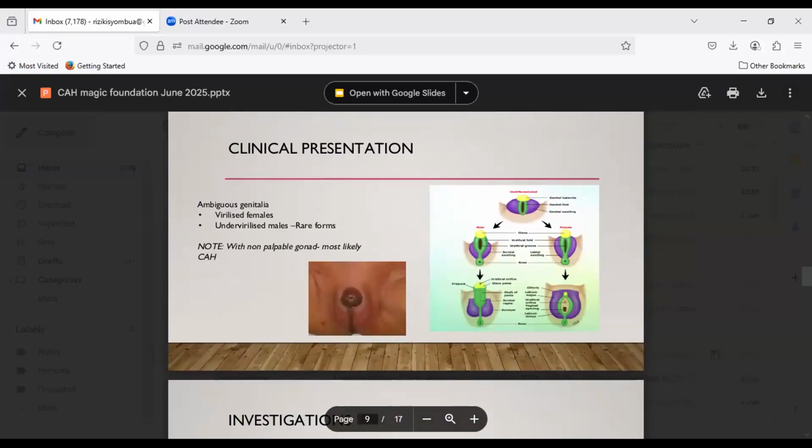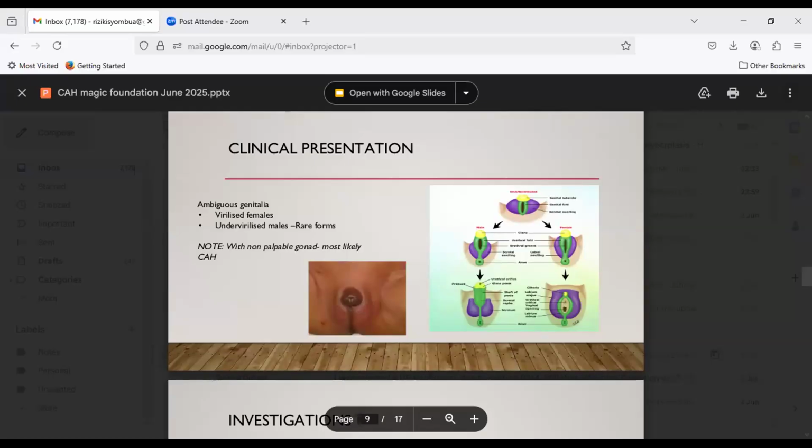Other presentation, especially for females, is ambiguous genitalia. And this would be most of the time virilized females. Some males are under-virilized, but that's only in 3 beta HSD, and that is very rare.